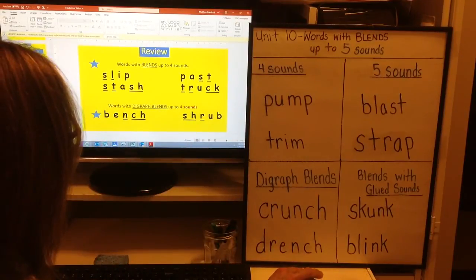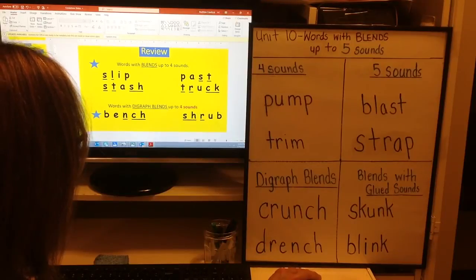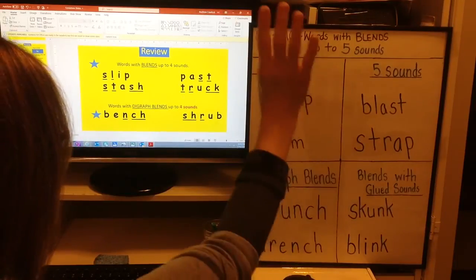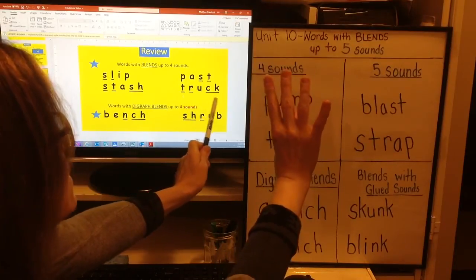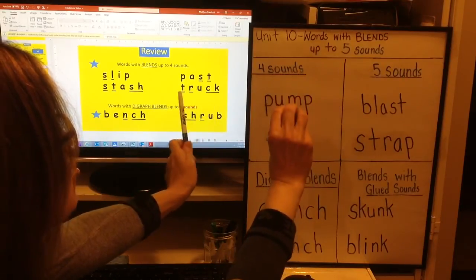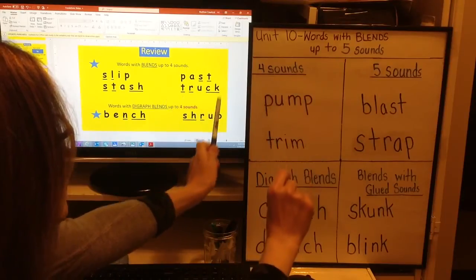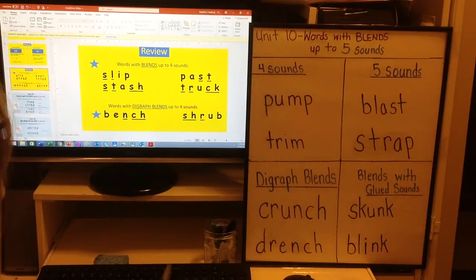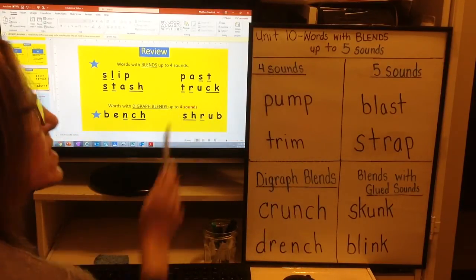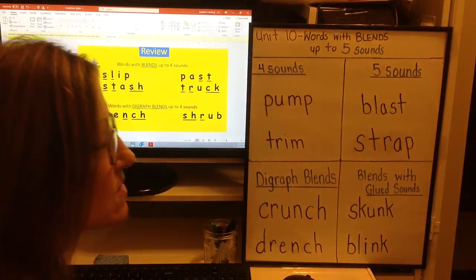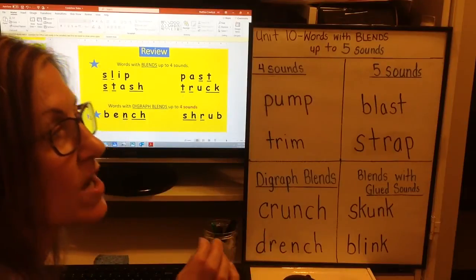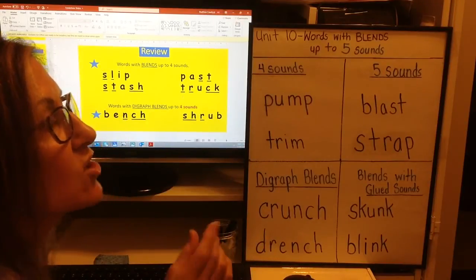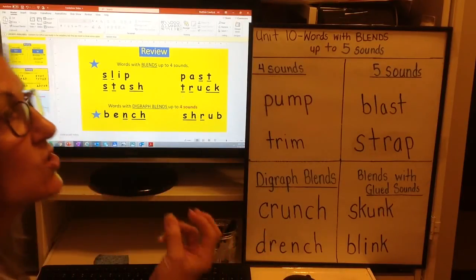I know you all know what this word is, but we're going to tap it out, okay? So ready? Elbows up. T, r, u, k, truck. Okay? So we see a blend in the beginning. What is the blend, boys and girls? That's right. Tr. That's a little tricky to say. Try it again. Tr. It almost sounds like you're saying a CH.